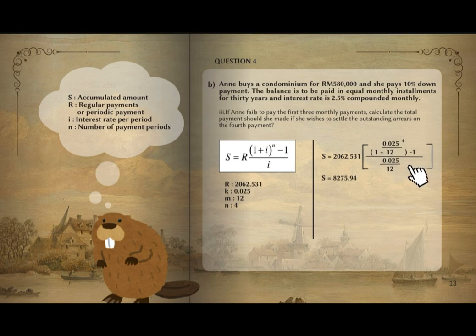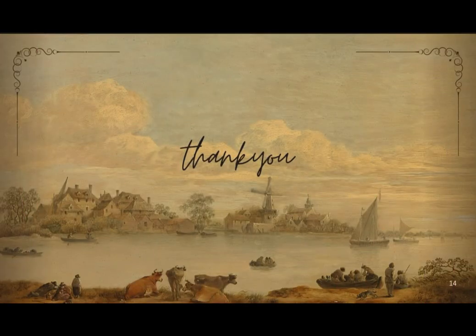S equals 2062.531 multiplied by ((1 plus 0.025 divided by 12) raised to the power of 4 minus 1) all divided by 0.025 divided by 12. So S equals 8,275 ringgit and 94 cents.